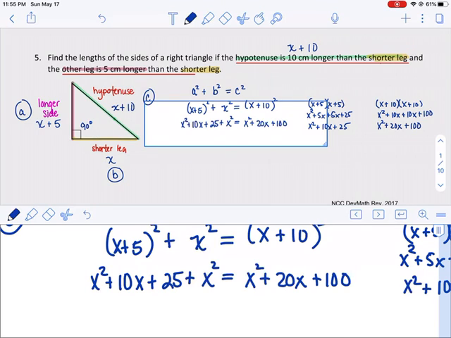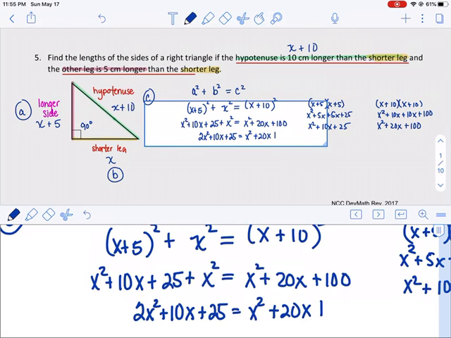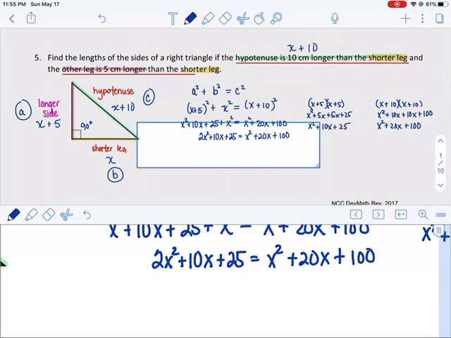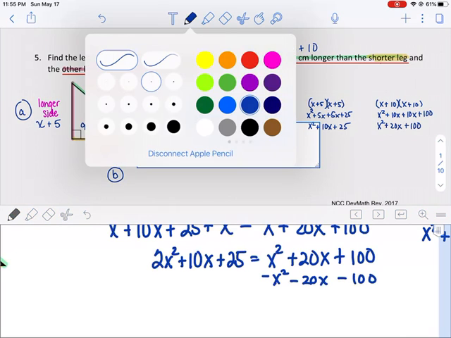So now what I'm going to do is combine; I have a 2x squared on the left-hand side. I'm just going to do one more line. Bring everything down. And now I'm going to subtract what's on the right-hand side from both sides of the equation.